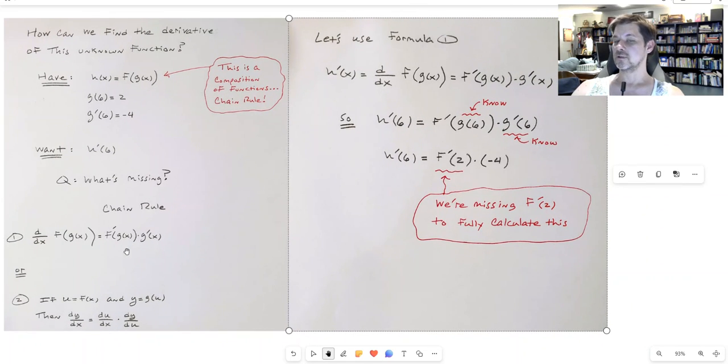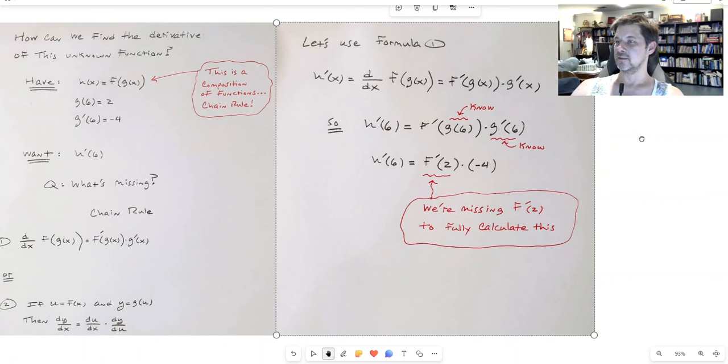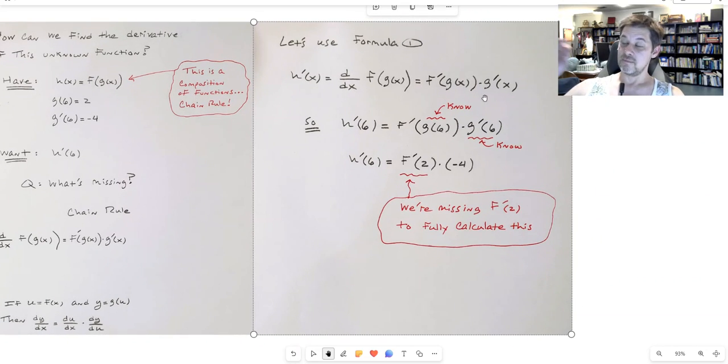I think this first one is obviously more applicable to the way we're given this. If you want the derivative of h of x, and that function is a composition, f of g of x, then here's this derivative. It's f prime of g of x times g prime of x. So I've used that. There's our derivative. Okay, now we know some of this stuff.